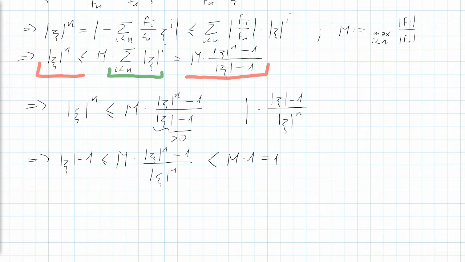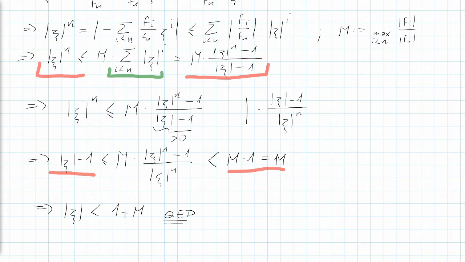So if we now look at this part and this part, what we get is that the absolute value of psi is strictly less than 1 plus m. And this proves our theorem. So this is the proof of the Euler theorem. So this was the first bound for the roots of polynomials.